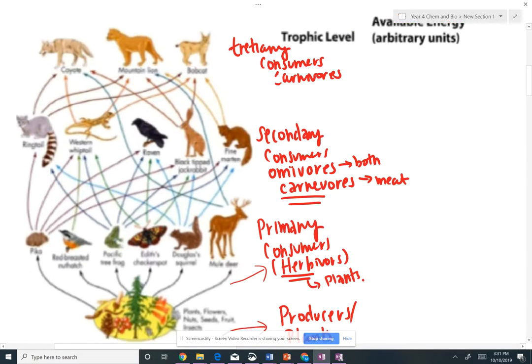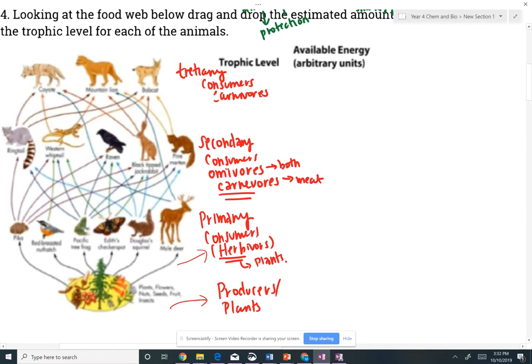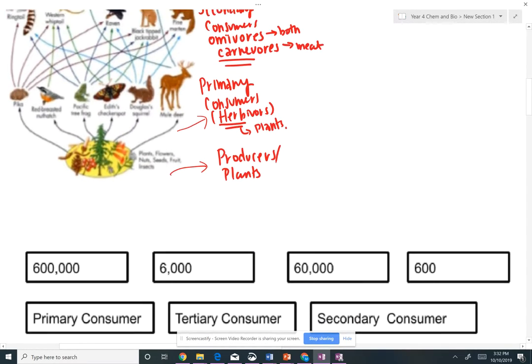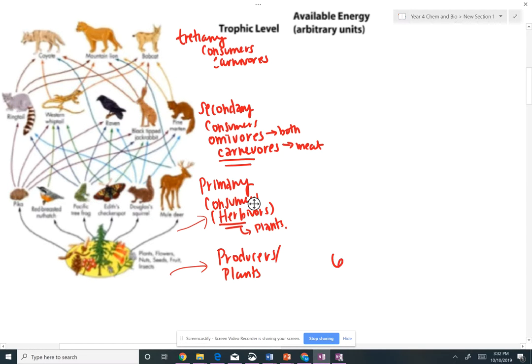Now we're going to talk about our energy and how much energy is at each level. So, like I mentioned a little bit earlier, our producers are the ones with the most energy. Looking at these numbers on here, our highest number is 600,000, and they have joules. Joules is just a unit of energy that we use in science.